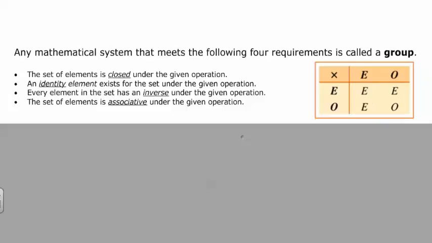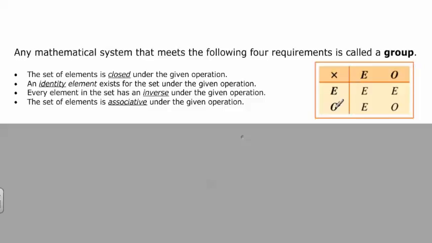So let's see if one of those is an identity element. Well, if you look at the first row, you can see that E times E is E, but E times O is E, which means when we go even times odd, we get even back. Thus, even is not the identity element since it did not give us what we started with back.